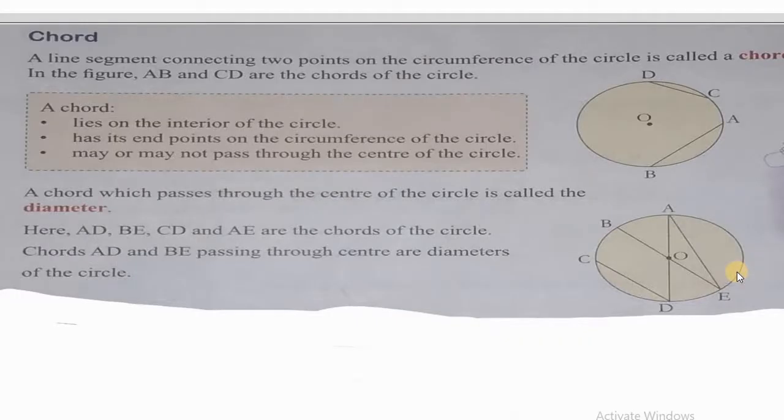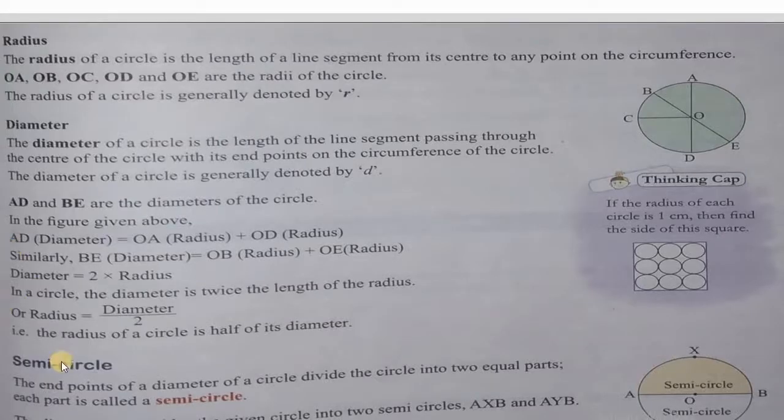Now we are going to talk about a chord. What is a chord? It should be a line segment. It's pretty similar to a diameter, but a diameter has to pass through the center of the circle.